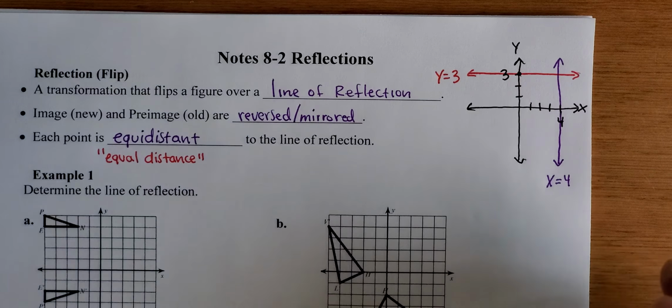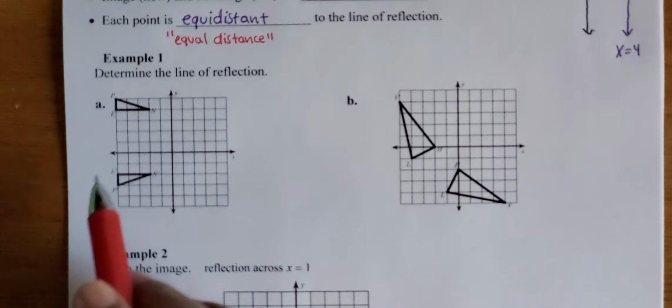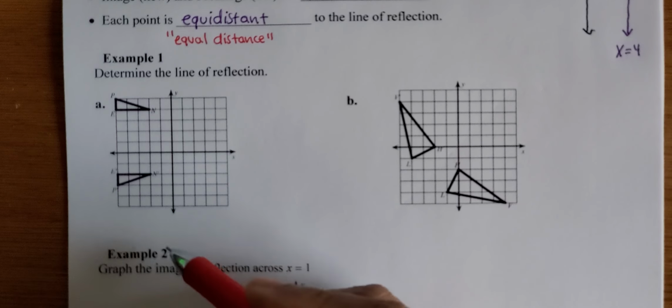This is asking us to determine the line of reflection. To be able to do this, we are going to use this fact here that each point is equidistant to the line of reflection. And as you can see, we can't see the line right now, but if we count the distance from each corresponding point, and as you can see, this one has the prime or the hyphen, so that means this is the old figure, this is the new figure.